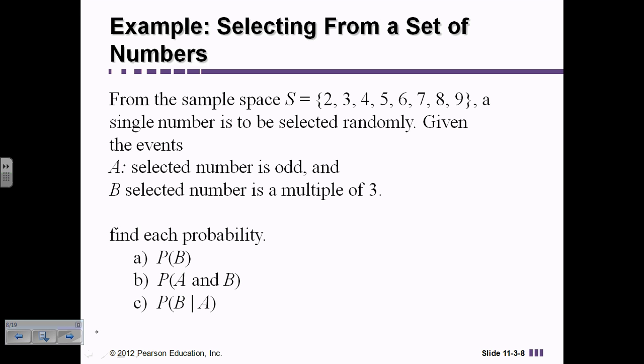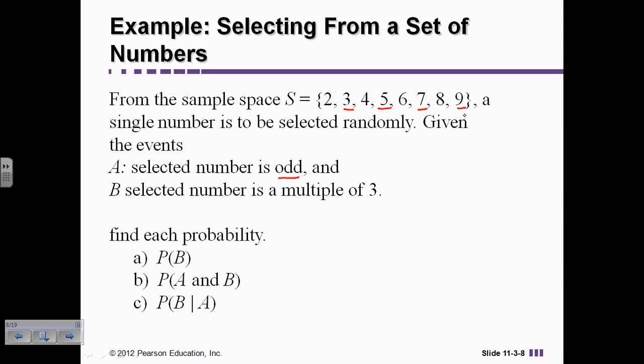So we have this sample: 2, 3, 4, 5, 6, 7, 8, 9. A single number is going to be randomly selected, and the following events have to occur. A is that the number is odd, and B is that the number is a multiple of 3. So if we look at these probabilities, the probability that the number is odd: in my list there are 3, 5, 7, and 9.